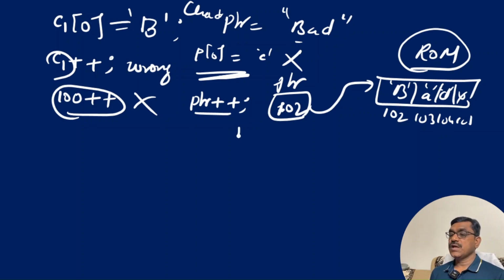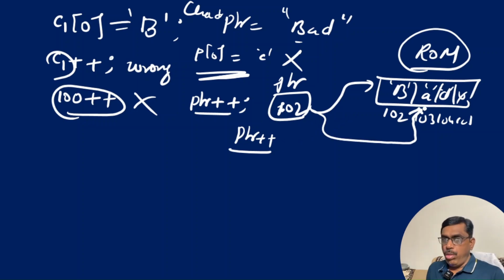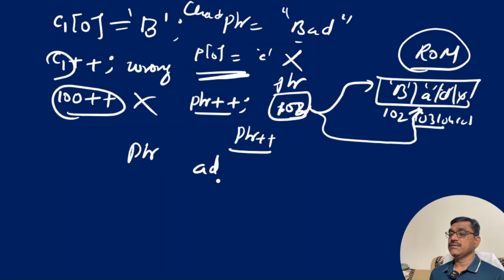Now, if you say ptr plus plus, then the meaning is ptr is incremented by 1. When we say ptr plus plus, ptr is going to move to the next location. Next location means it is pointing to the base address 103. Now, when you print ptr here, what is it going to print? It is going to print "ad".